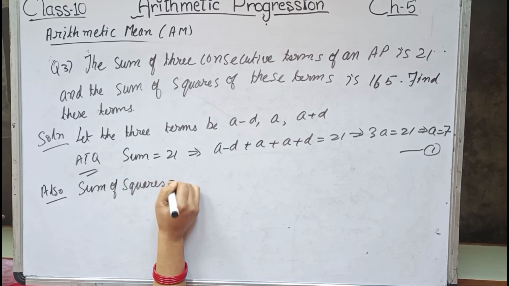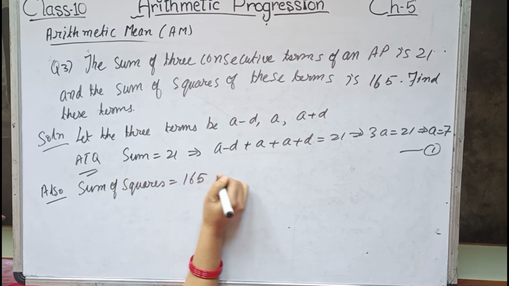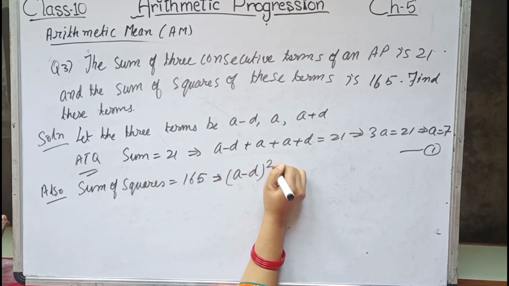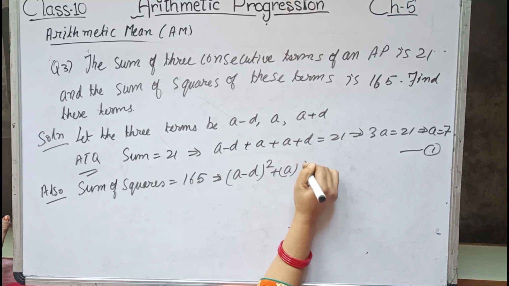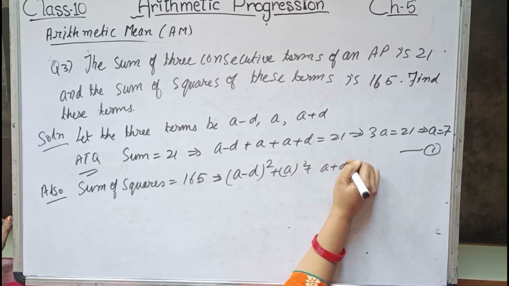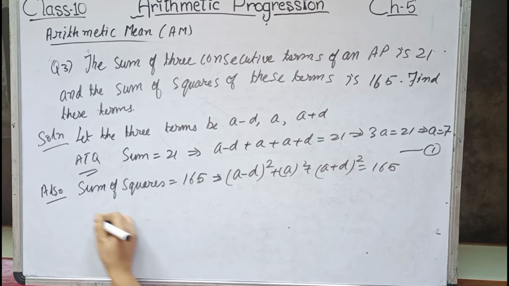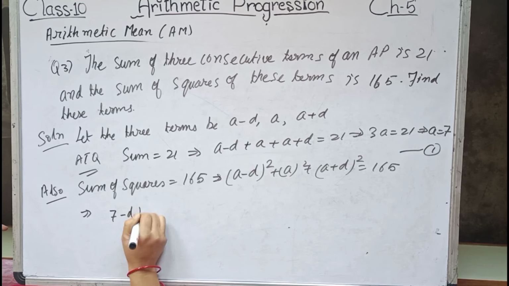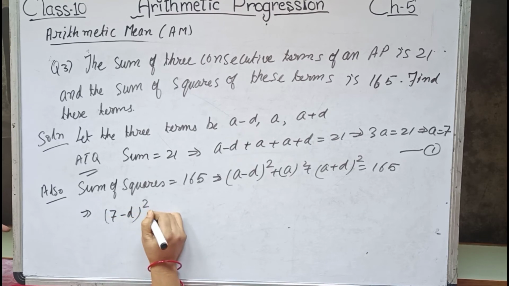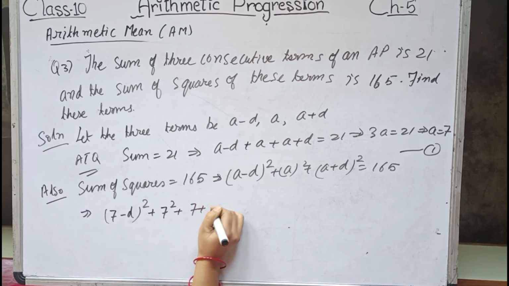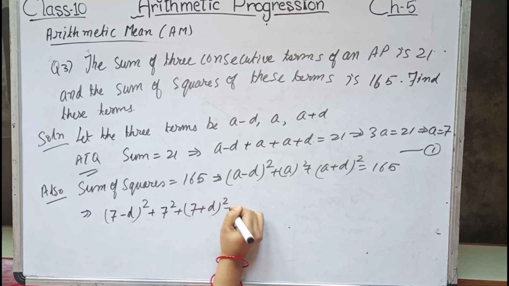Sum of squares equals 165. Now sum of squares means (a minus d) square plus a square plus (a plus d) square equals 165. Now the value of a we have got, so we can write (7 minus d) square plus 7 square plus (7 plus d) square equals 165.